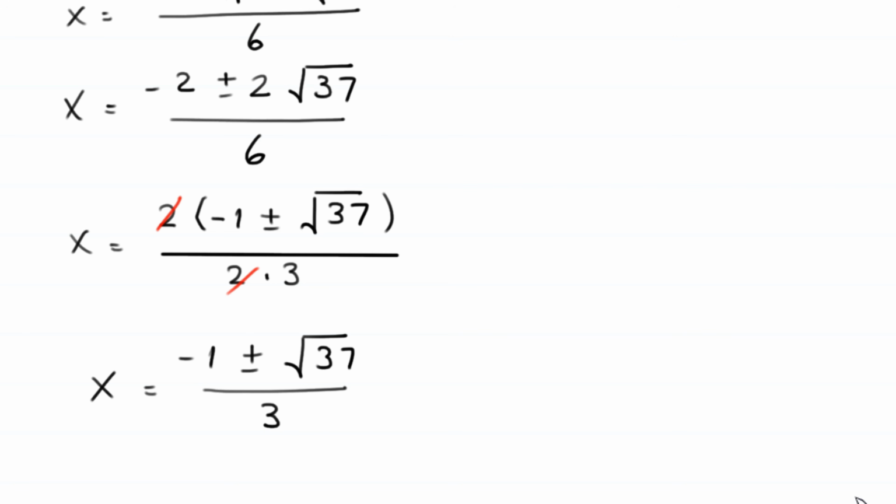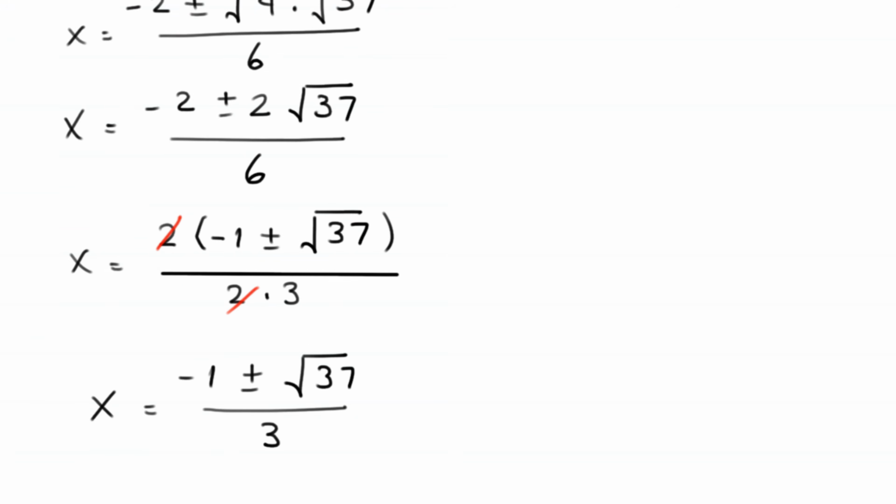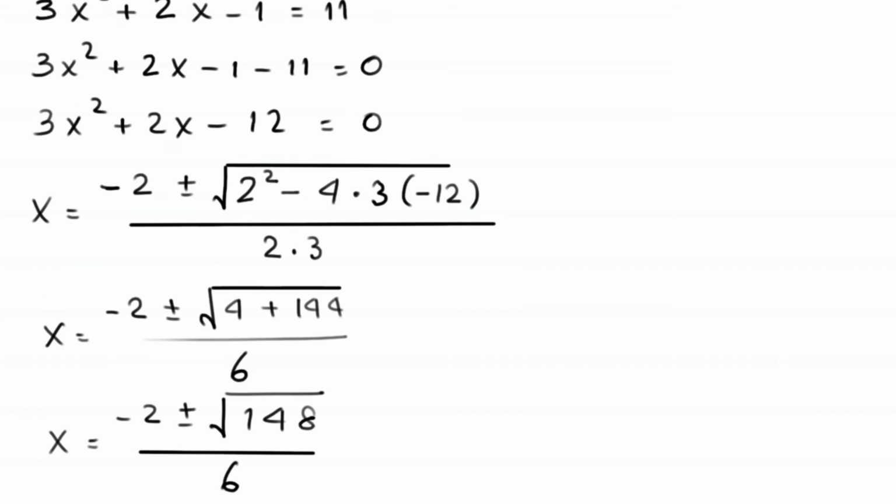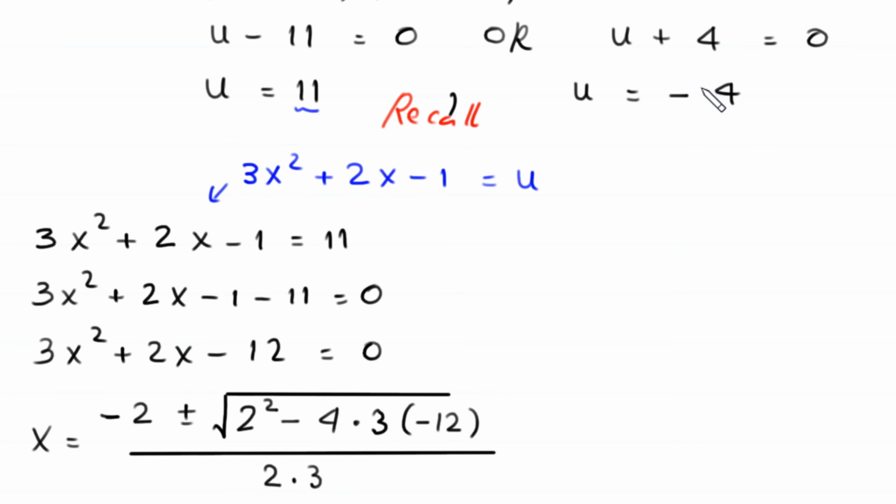Now we move on to case number 2, where u is equal to negative 4. So this will become 3x squared plus 2x minus 1 equal to negative 4. Move this negative 4 to the left hand side.